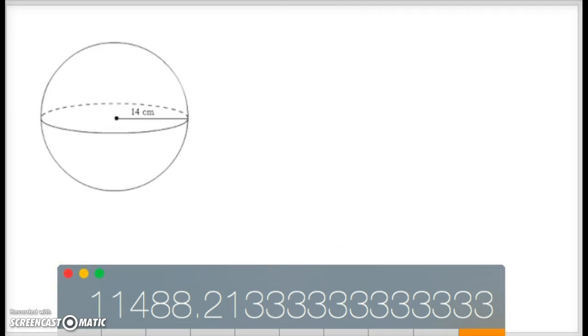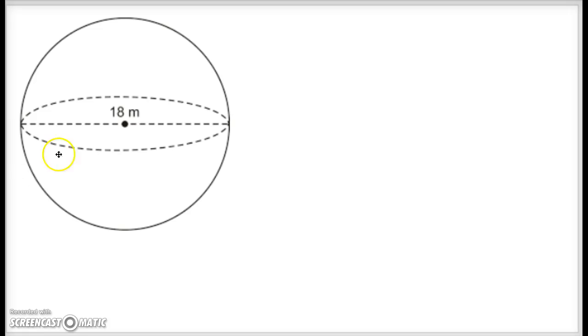Okay, moving on to the third one. This time, with this sphere, notice the dimension they're giving us is 18. That is all the way across the center of the circle. That's your diameter. So our radius for this is going to be half of that, which would be 9.